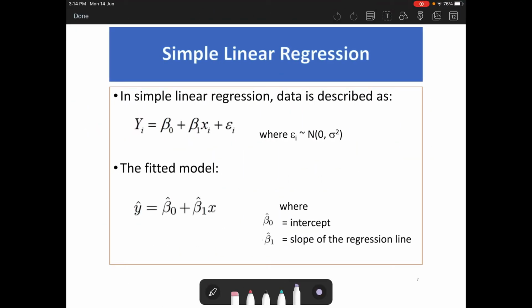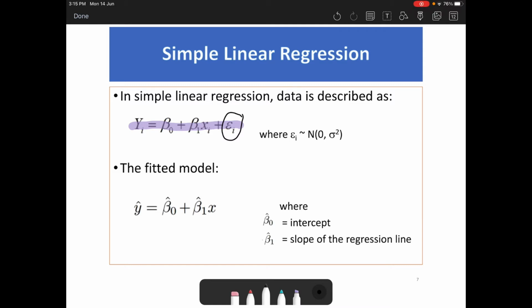In simple linear regression, data is described as y equals beta naught plus beta 1 x plus epsilon. So what we have here, this epsilon part is called the error, also known as residual, which is the distance from the best fit line to the observed values.